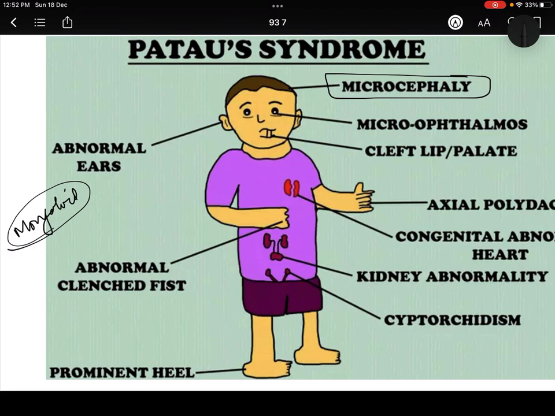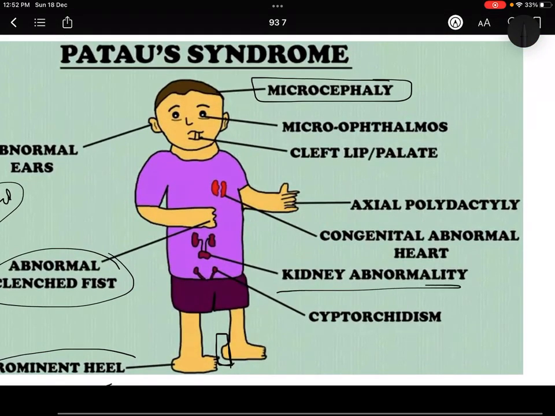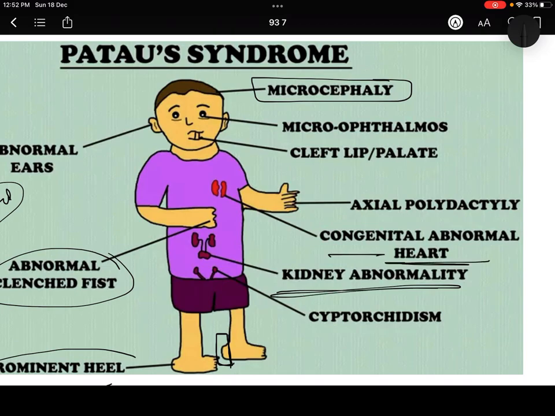ठीक है? Then they have downward sloping eyes. ठीक है? Then the abnormal clenched fist we have talked about. Prominent heel. You can see how much it is coming out, right? So they have prominent heels. Then kidney abnormalities are there. Congenital heart malformations are there. Cleft palate is there. ठीक है? Micro-ophthalmos, that means small eyes, right?